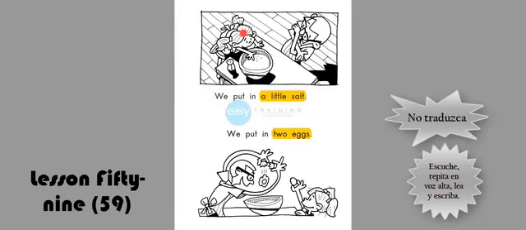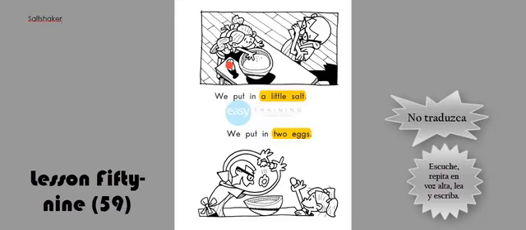Here is the girl again, and here is her dad. Here in the picture we can see the salt shaker, and in the salt shaker there is some salt. Let me write this word, salt shaker. Así se llama ese recipiente, este pequeño.